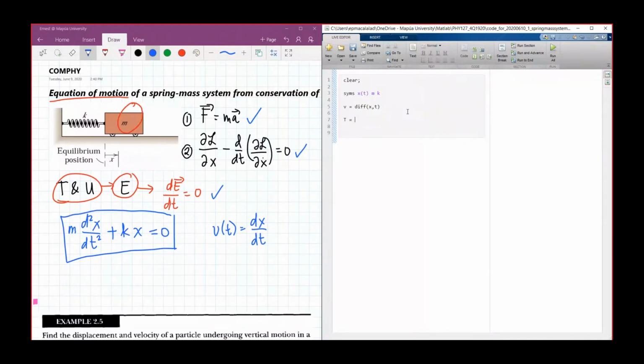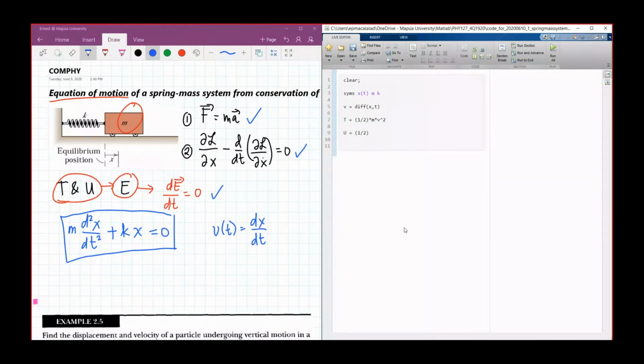Then let's define the kinetic energy and potential energy. Kinetic energy is 1/2 times the mass times the velocity squared. And the potential energy is 1/2... What's the potential energy for a spring mass system?